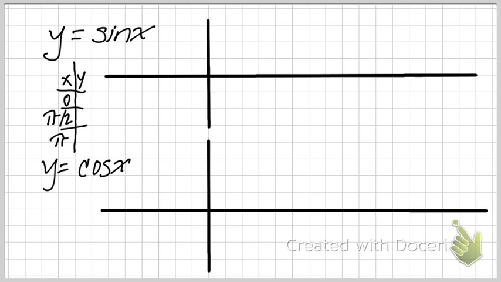And then the same thing goes for the scale. So instead of going 1, 2, 3, which I could do, I am going to instead use the more convenient values of pi over 2 and then pi, 3 pi over 2, and 2 pi.